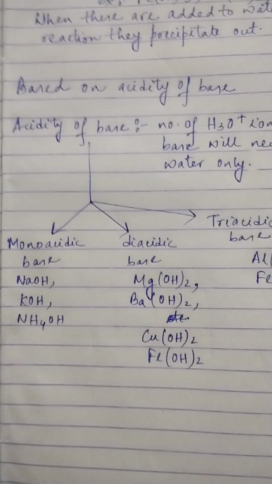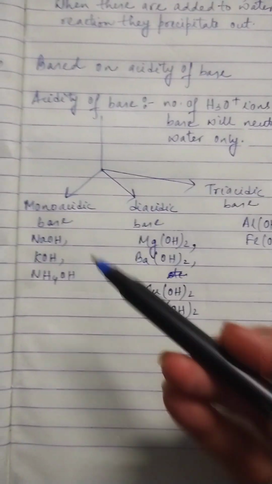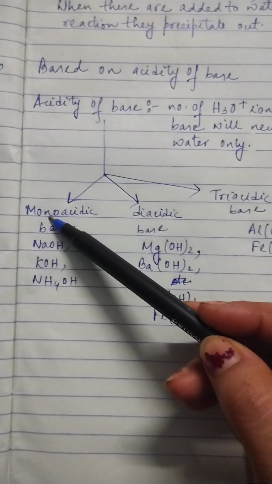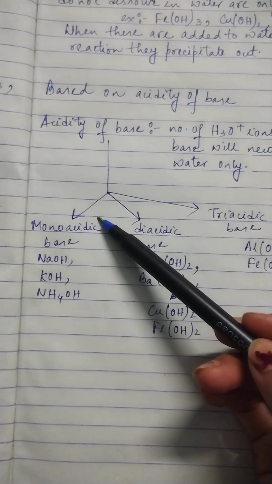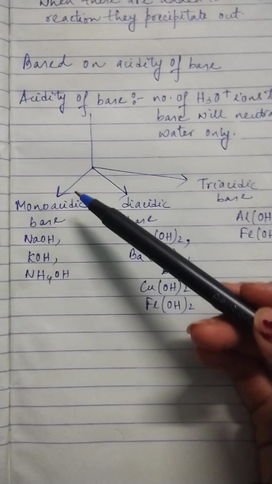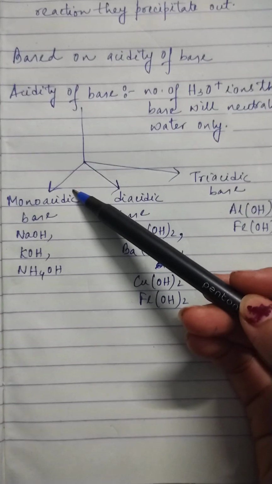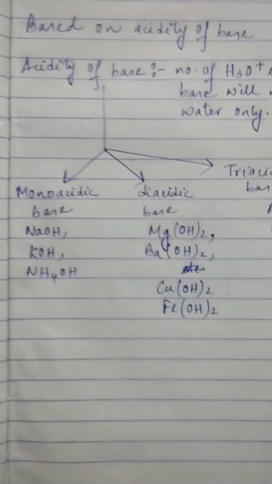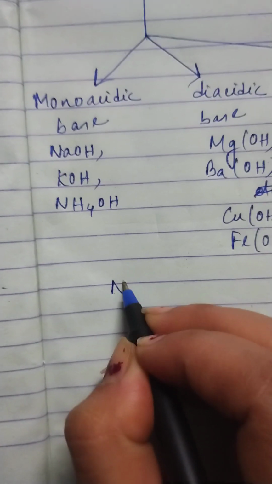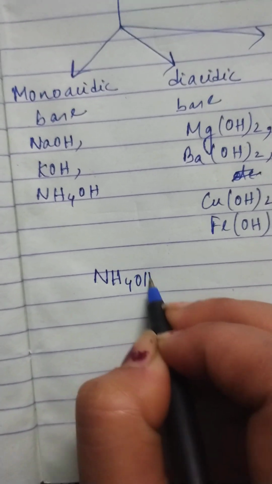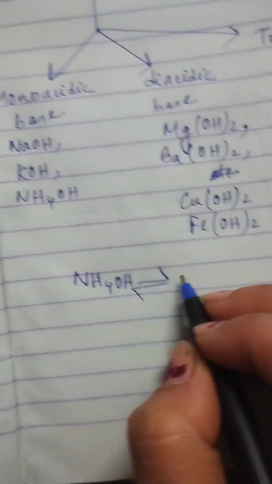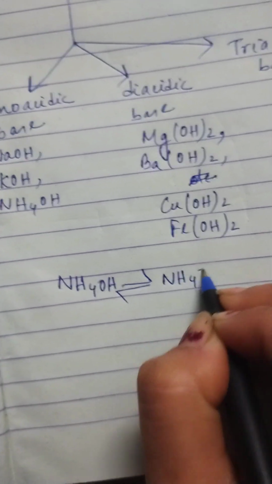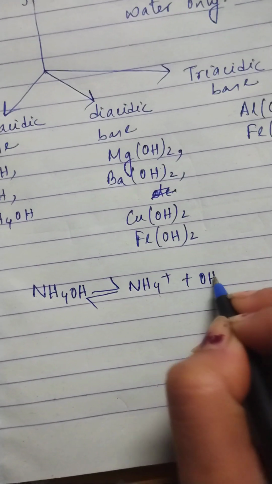Now, based on acidity of base we can have a monoacidic base. Mono means one. Monoacidic bases are those bases which in aqueous solution produce one hydroxide ion. For example, ammonium hydroxide dissociates to produce one ammonium ion and one hydroxide ion.